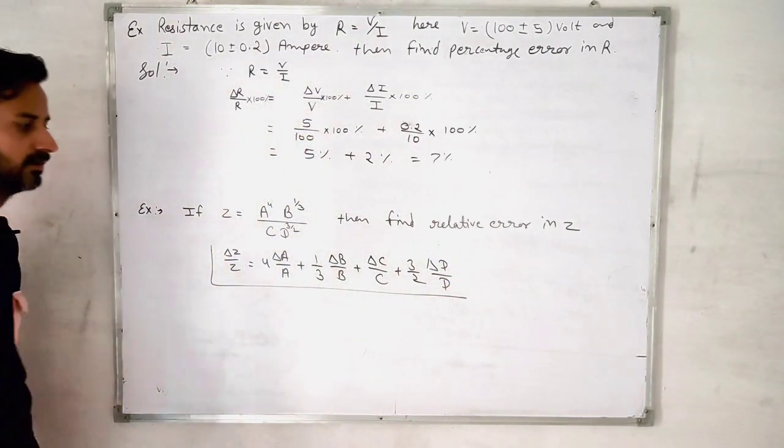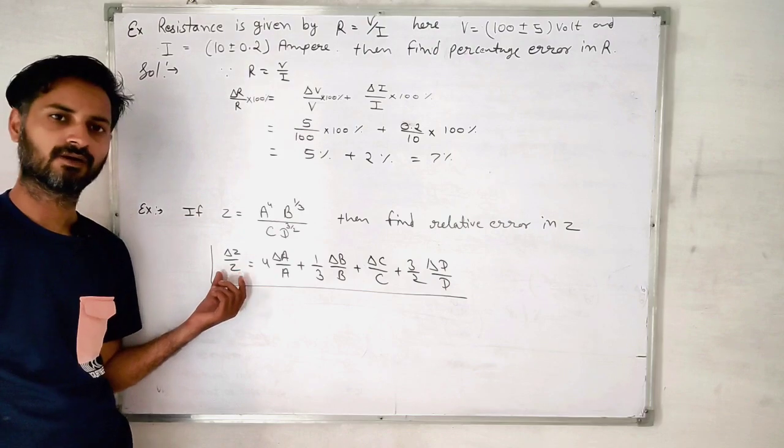So this will be the relative error of Z.